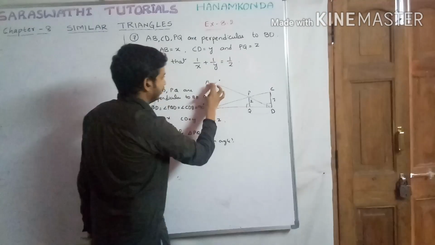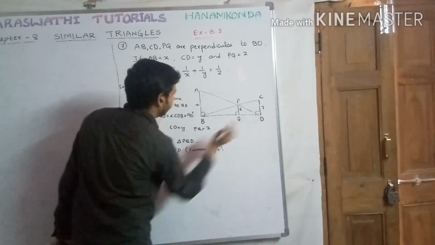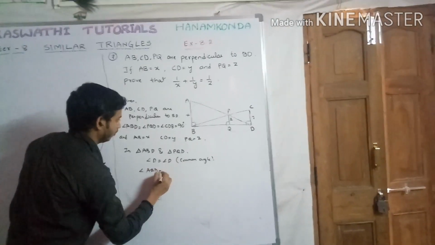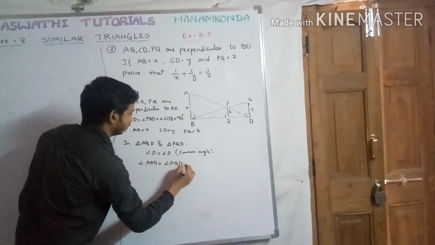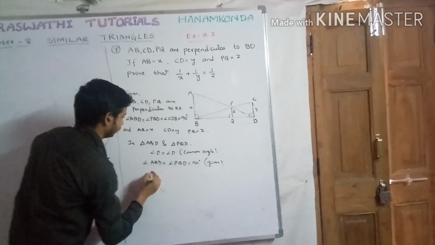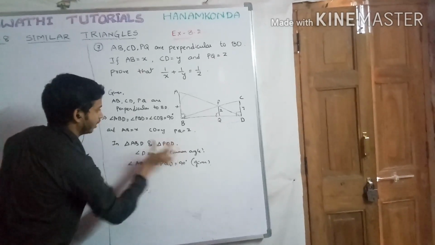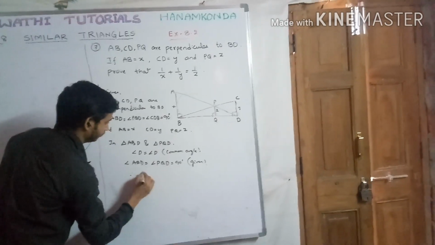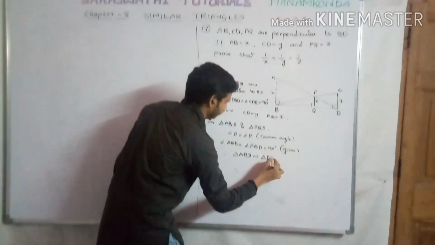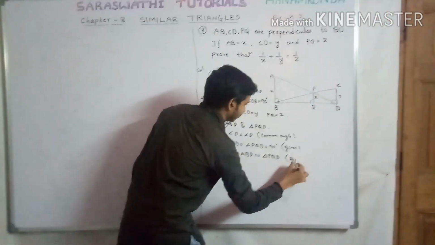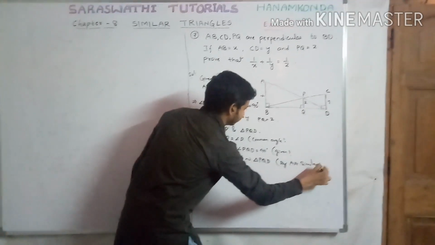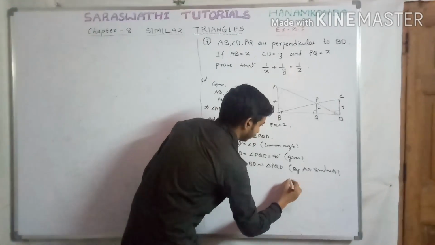Again, angle ABD equals angle PQD equals 90 degrees, obtained from the given data. Therefore triangle ABD is similar to triangle PQD by AA similarity. So draw the two triangles separately.